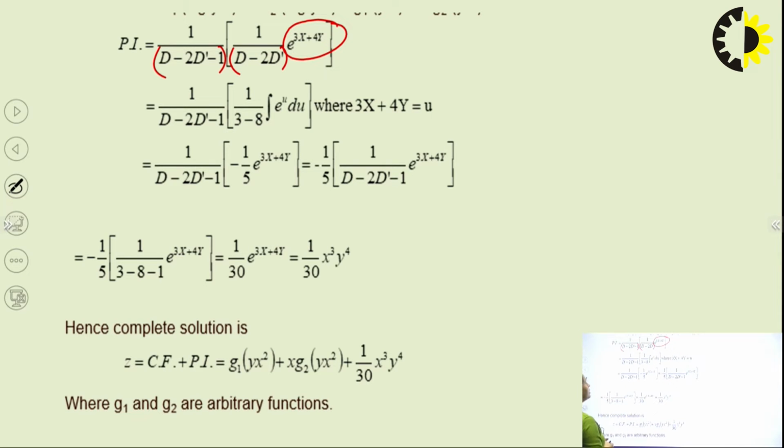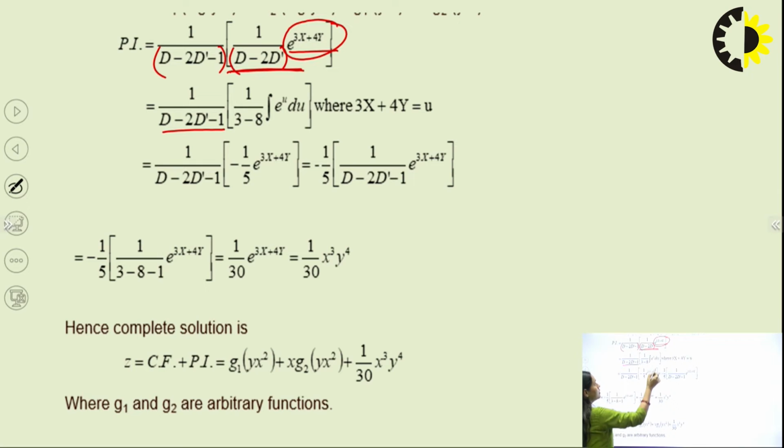What we will do now, we will keep one factor outside and operate e to the power 3x plus 4y by the other factor. Before operating, we will check whether the factor which we are taking with the RHS is homogeneous or not homogeneous. If it is homogeneous, we will apply the rule for homogeneous, and we already read what the rule is.